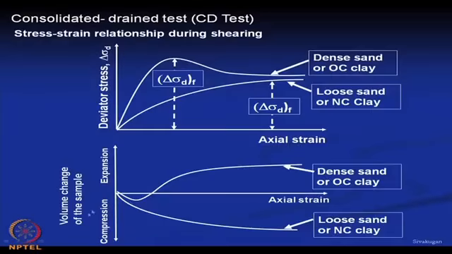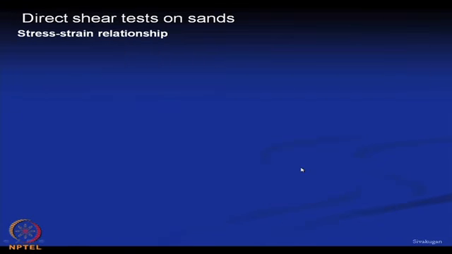But if we apply more load, this dense condition will become loose, meaning the voids between the soil particles will increase. So once it becomes very dense and we apply more stress, the pore volume will increase again. That is why the volume changes this way for the dense sand.